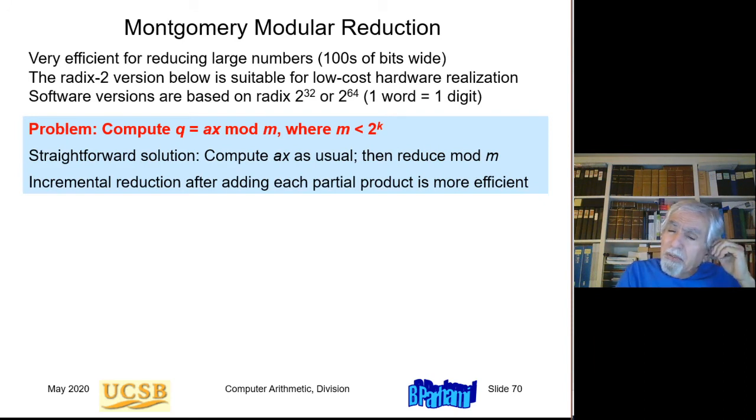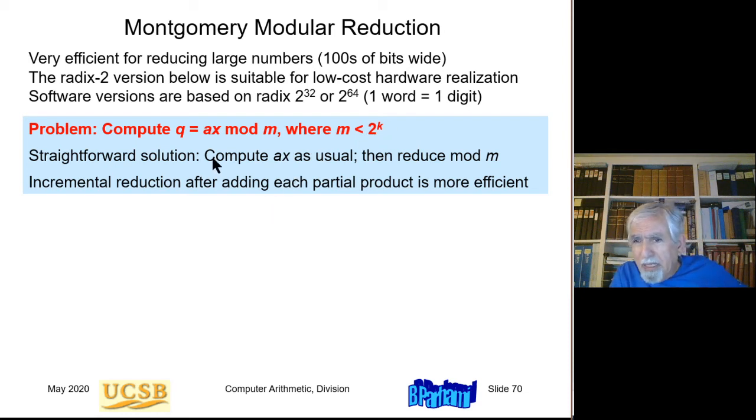Now there is this algorithm called Montgomery modular reduction, which is a very useful, very important way of doing modular reduction, in particular in connection with multiplication. So when you multiply two numbers modulo m, suppose your problem is to compute a times x modulo m, where m is a number that is less than 2 to the k.